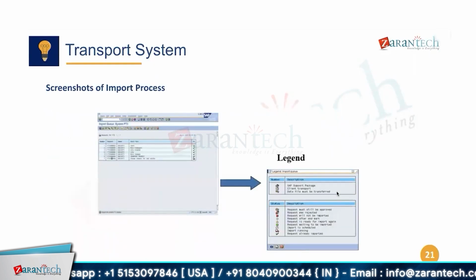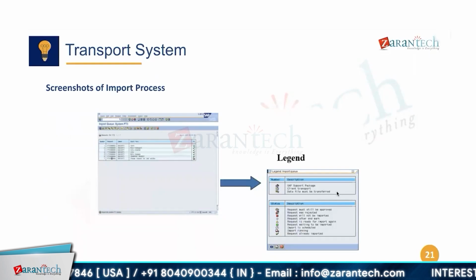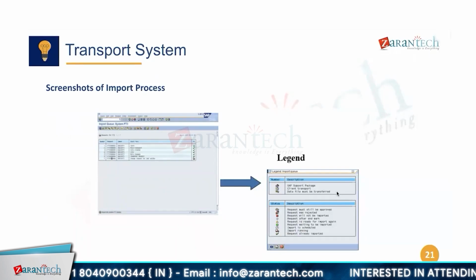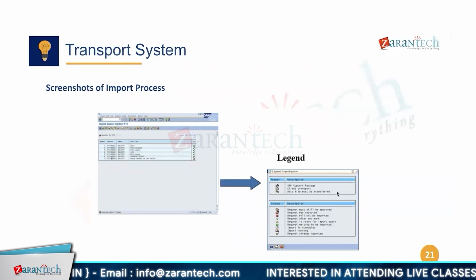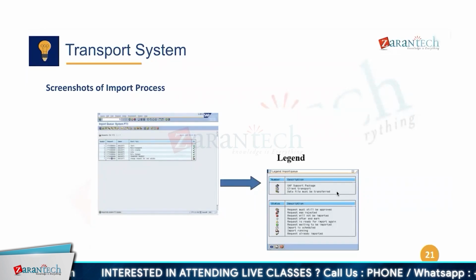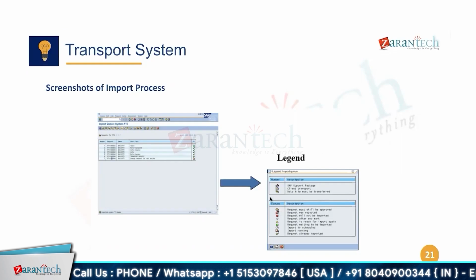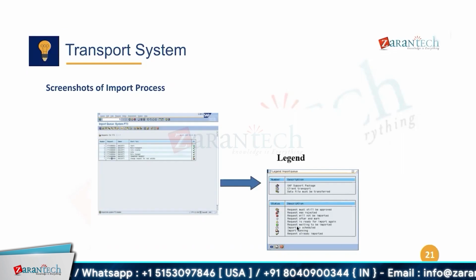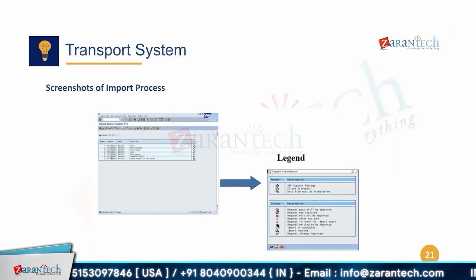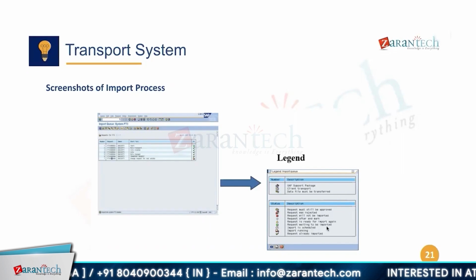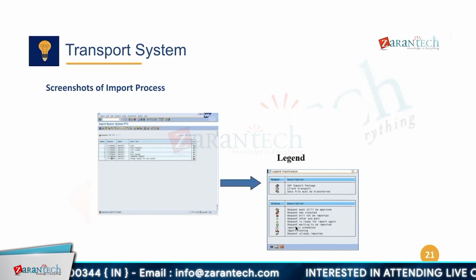Okay. So screenshots of the import process. Here, when we do this, it will give you these statuses. On the right-hand side, this legend I'm talking about. Green status means the request is awaiting to be imported, which means you have to click on import.